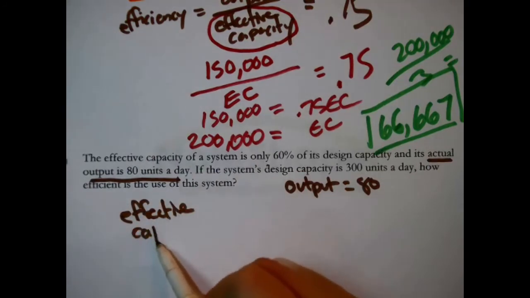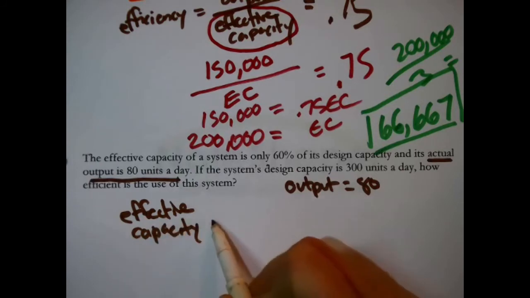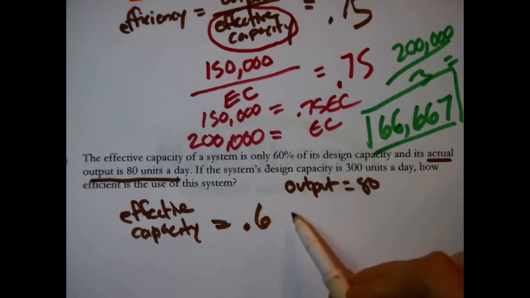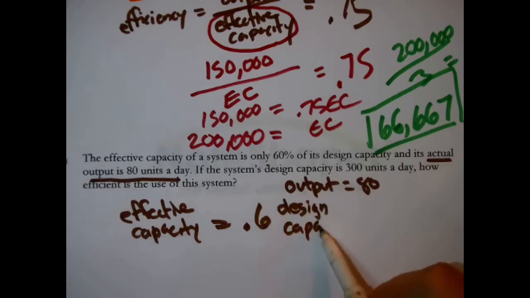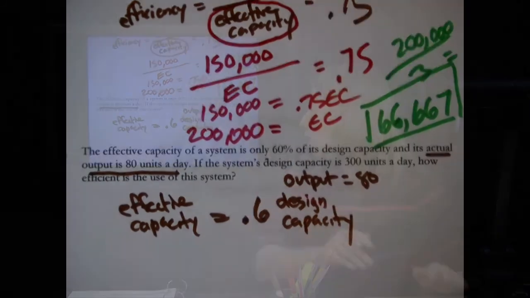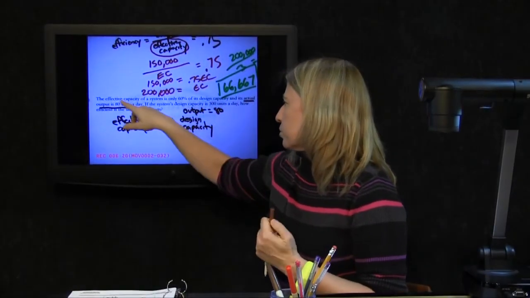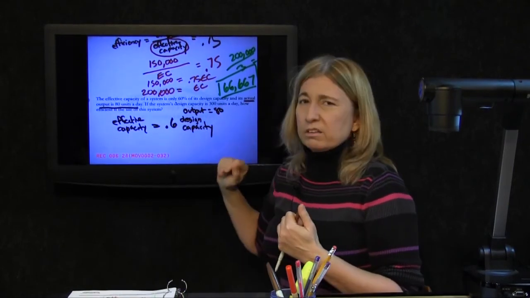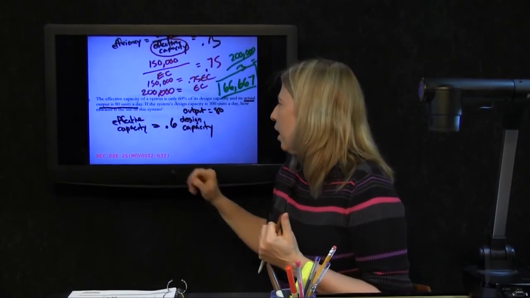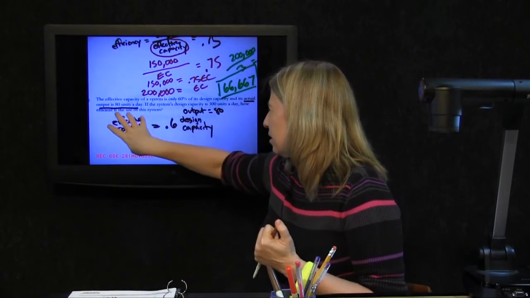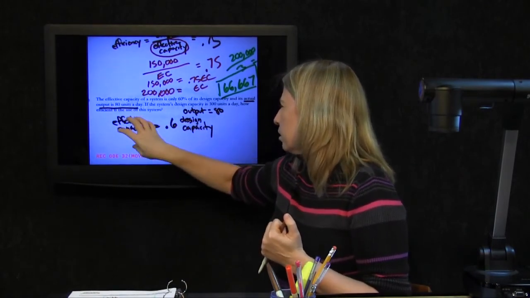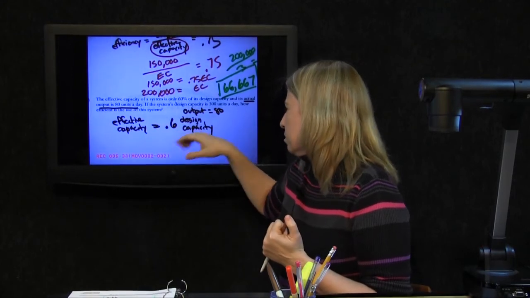The effective capacity of this system equals 60%, 0.6, of its design capacity. I didn't determine anything here. I just rewrote that sentence as a vaguely algebraic expression. The reason I did that is because I need this number to then calculate efficiency. It says it's 0.6 times this number.